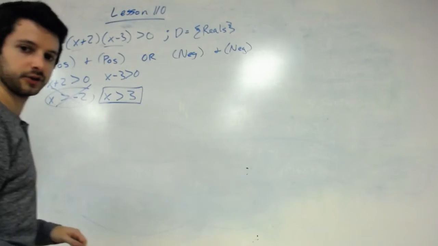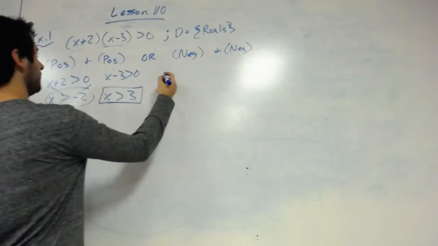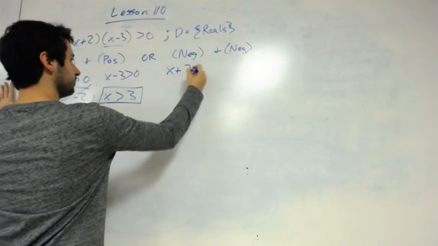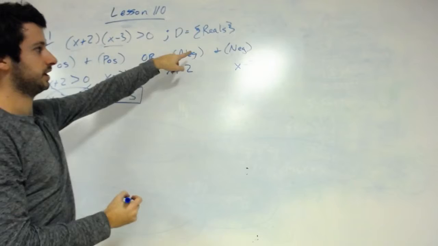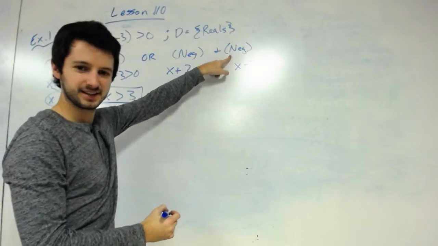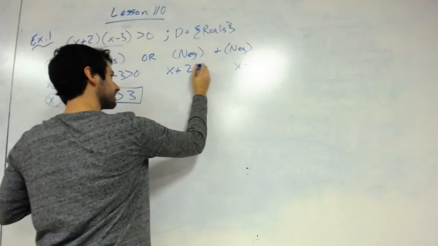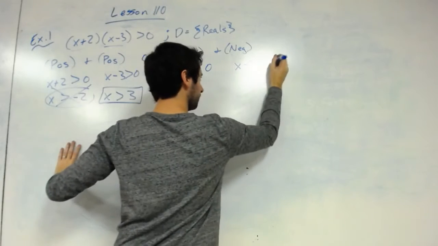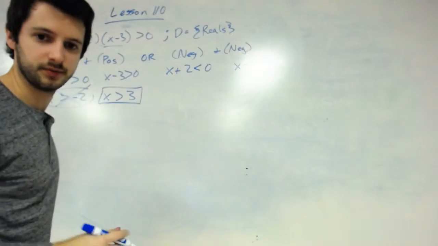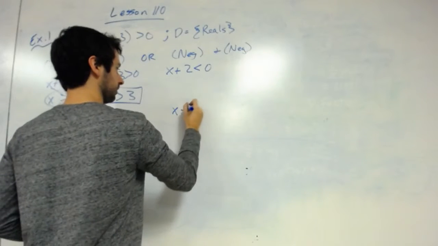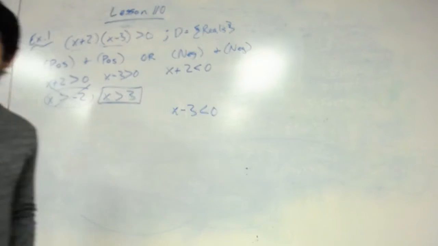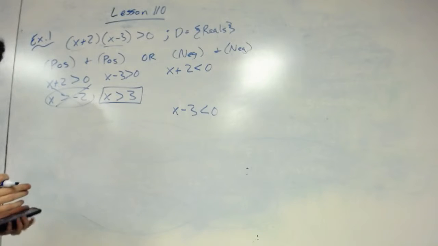Now we have to look for another solution. We take x + 2 and x − 3, but since we need a negative times a negative, we need less than 0 on both. We're looking for a negative.